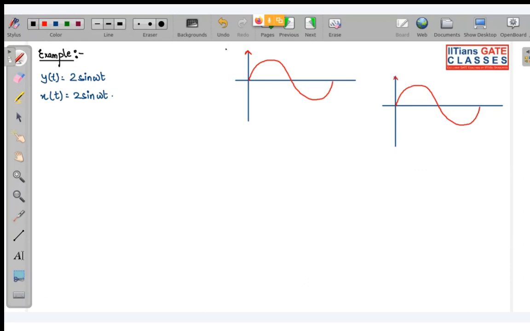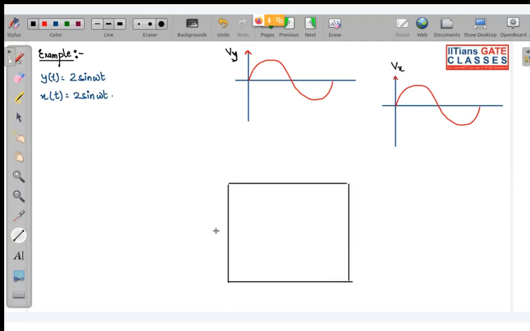This is the signal that is given to your vertical plate. This is the signal given to your horizontal plate. Now let us see what is the pattern that we observe on your CRO screen. I thought I would make it like that, but it's actually complex to understand, so let us keep it as simple as possible.